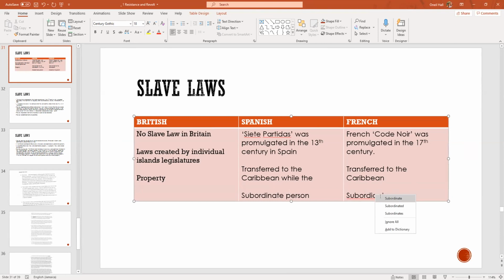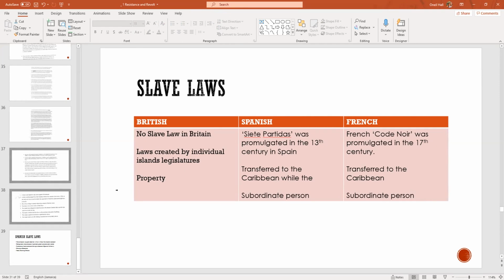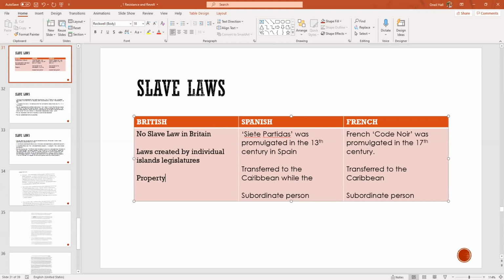So this is how they were classified in the Spanish and in the French territories, right, as subordinate persons.